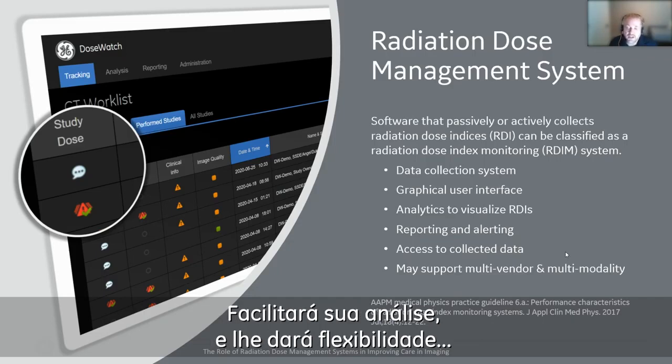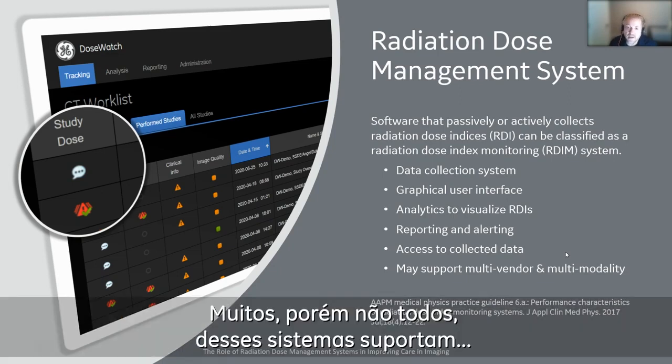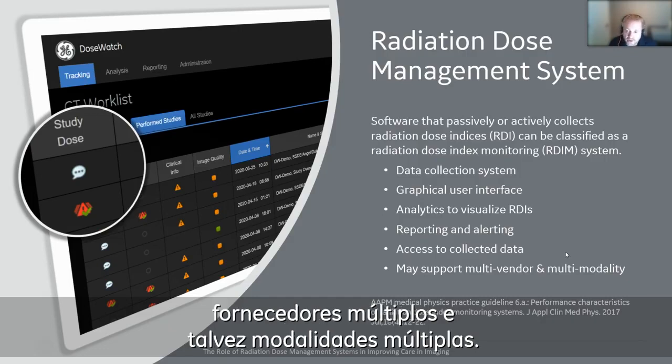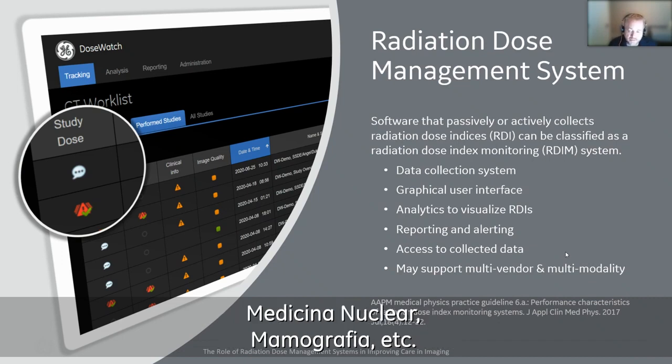It gives you a lot of flexibility if you have access to that underlying data. Many, but not all, of these systems will support multiple vendors, and they may support multiple modalities. So certainly CT, but some may also support fluoro, nuclear medicine, mammography and so on.